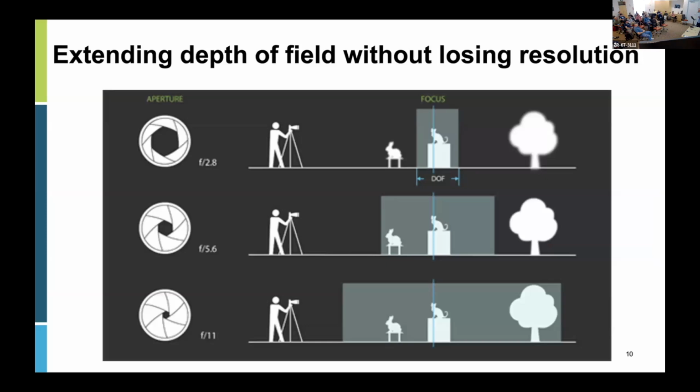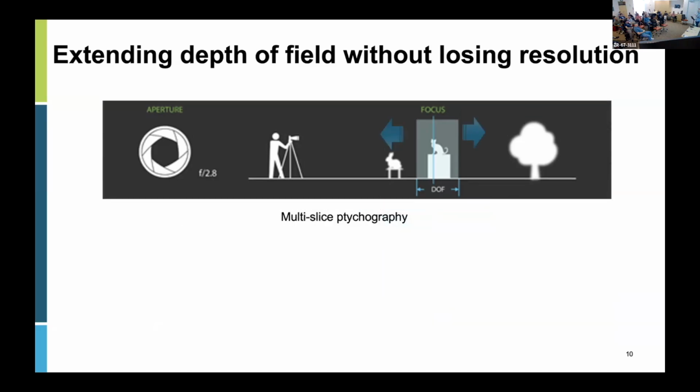Okay, now the question we asked is, can we extend the depth of field without sacrificing the spatial resolution? So we want to achieve higher resolution, so we want to still work with an imaging system with a large numerical aperture. We explored two methods trying to extend the depth of field. The first method is called multi-slice ptychography.